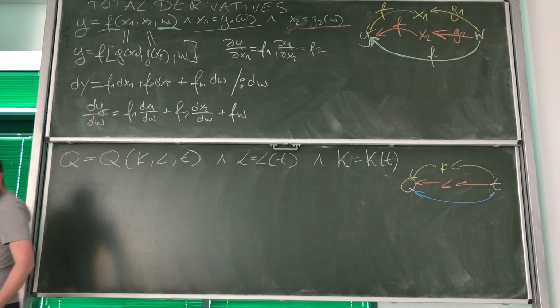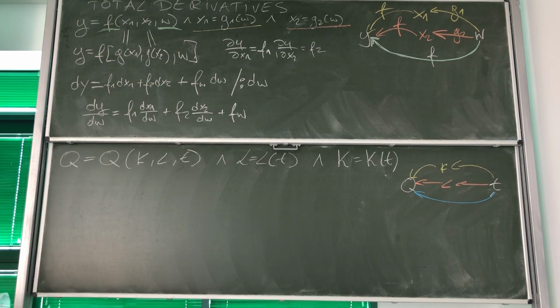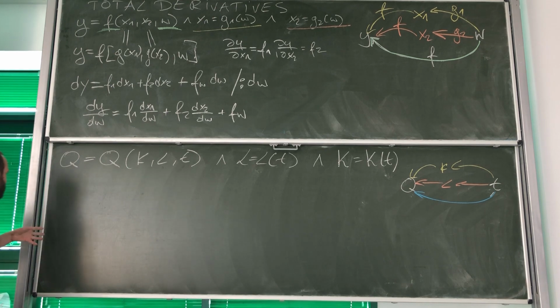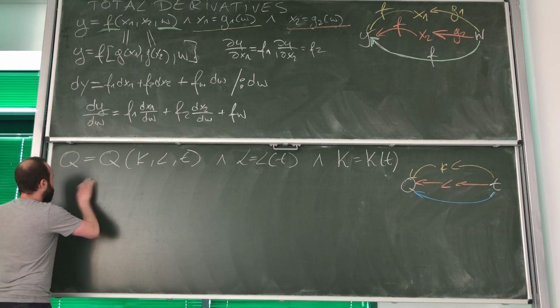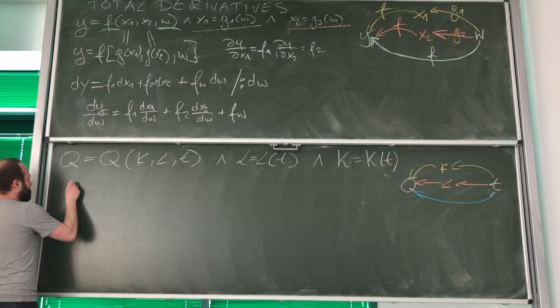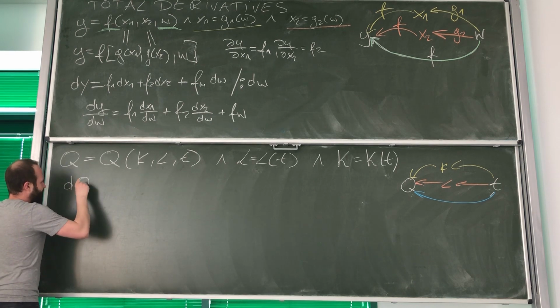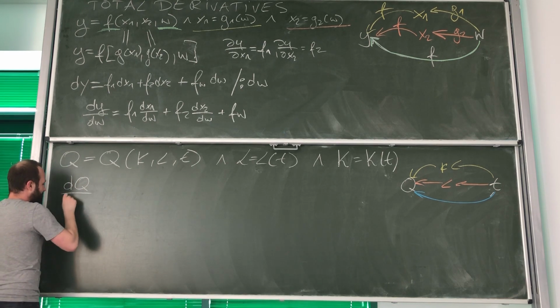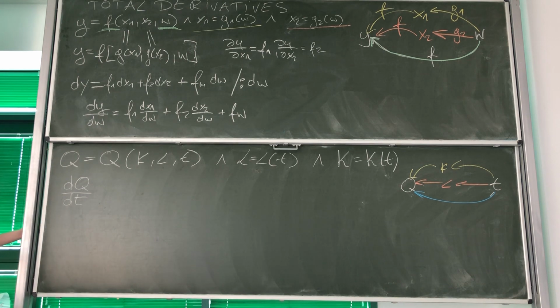Okay, so let me just introduce one more thing that we will be using in the future, not in this class, but we will be using it a lot. This is a derivative of a variable with respect to time.